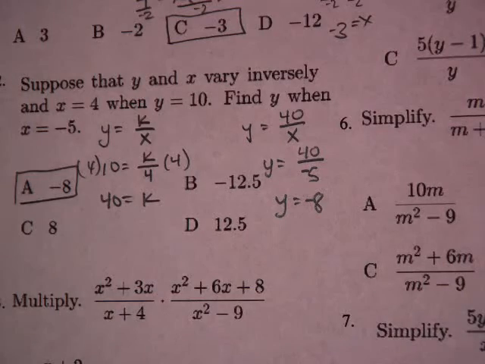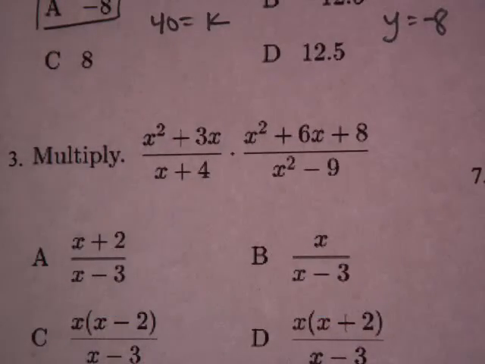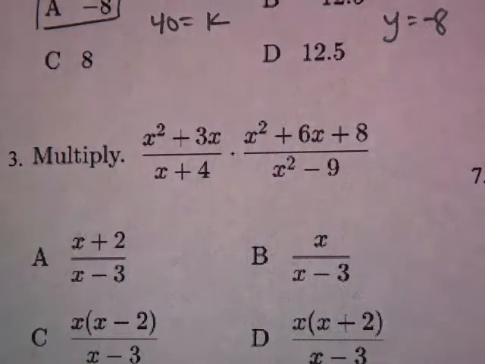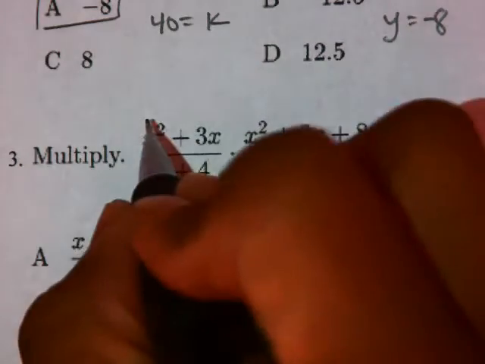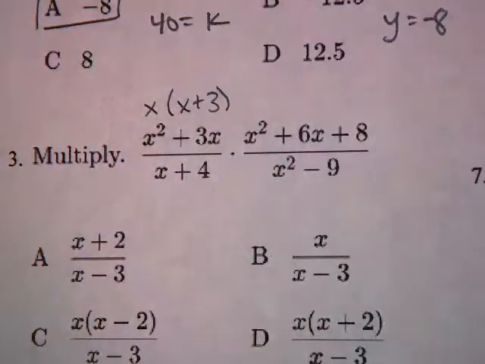In number 3, we're supposed to just multiply. We're not really going to multiply, we're just going to factor everything and see what reduces and cancels out. So x squared plus 3x, that looks like I can take out a greatest common factor of x, and I'm left with x plus 3.